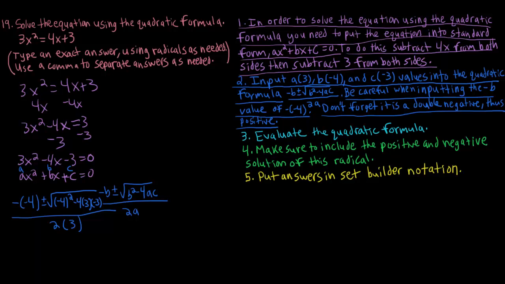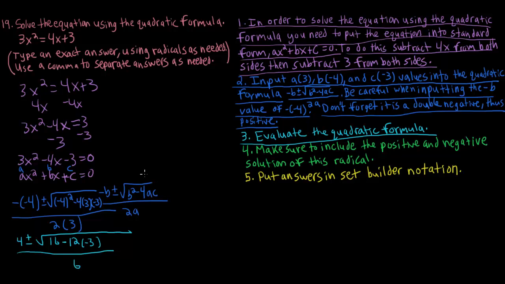Now step 3 is to evaluate the quadratic formula. So if we evaluate this, minus negative 4 is just positive 4, plus or minus negative 4 squared is 16, minus 4 times 3 is 12, so minus 12 times negative 3, and then we have 2 times 3, which is 6.